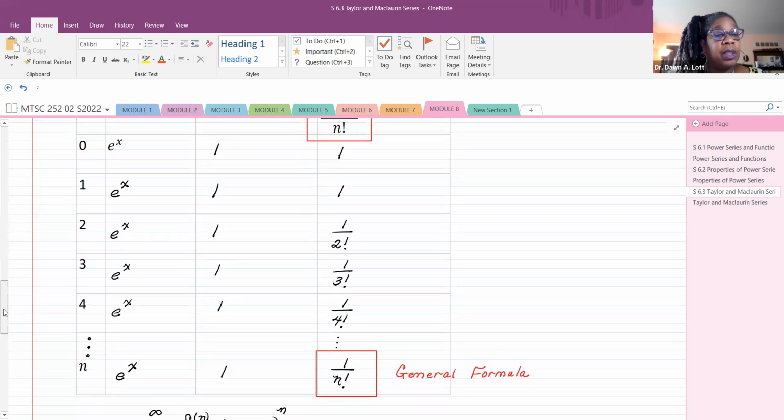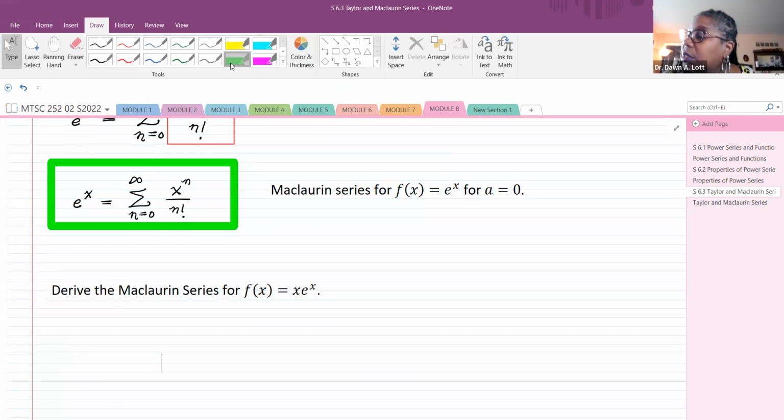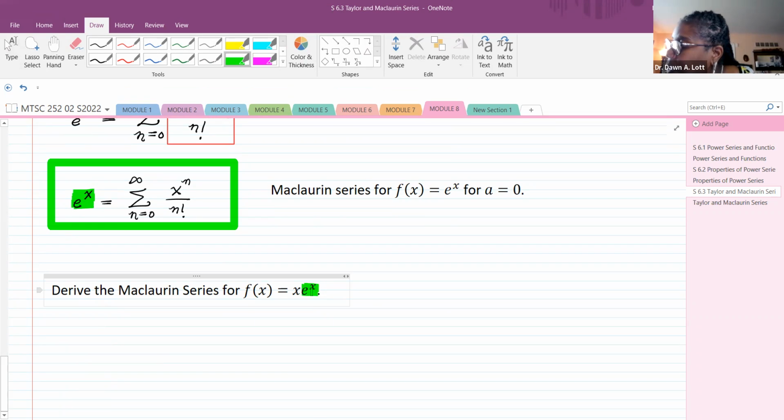So it actually gets bigger and bigger. Or I can see that this part is my e to the x.